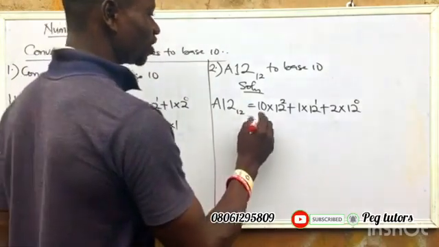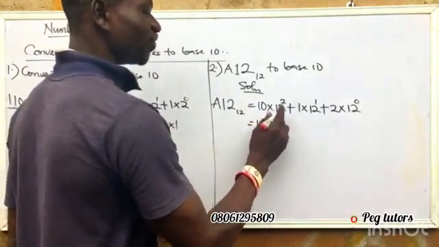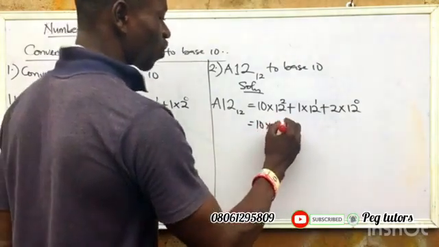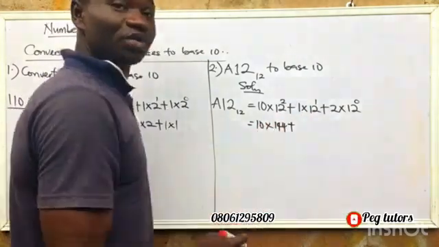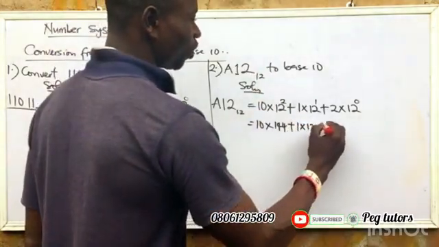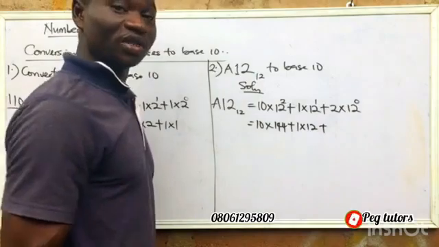Let's simplify this. 12 raised to power 2 gives us 144. So we have 10 times 144, plus 1 times 12 raised to power 1, which is 12, then plus 2 times 12 raised to power 0, which is 1.